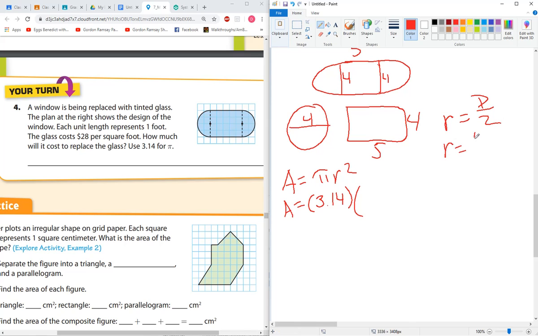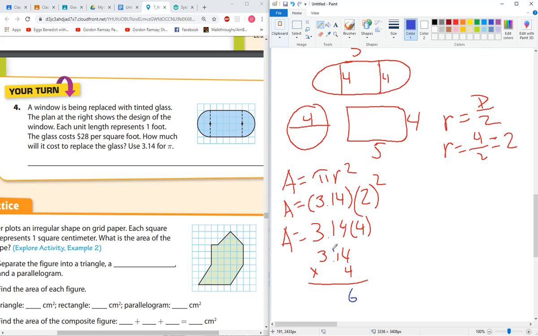So if we know our diameter is 4, that means our radius is just divided by 2, it's 2. So 2 squared. So that means 3.14 times 2 times 2 is 4. So we just have to do that. 3.14 times 4. And that'll give us, 4 times 4 is 16. 4 times 1 is 4, plus 1 is 5.